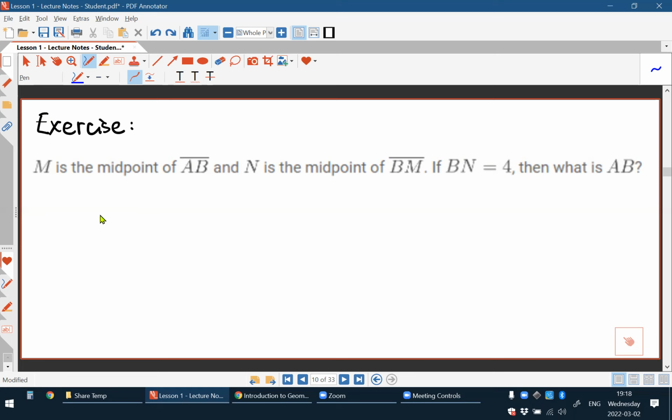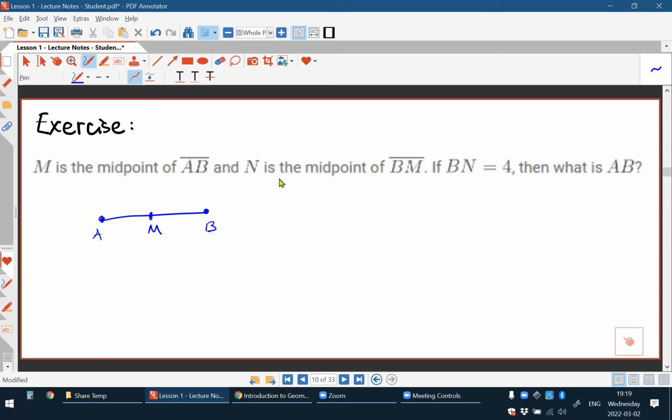No, it says, for example, this is a segment AB, right? And M is the midpoint, so M is here. Right? Can you hear me? Yeah.